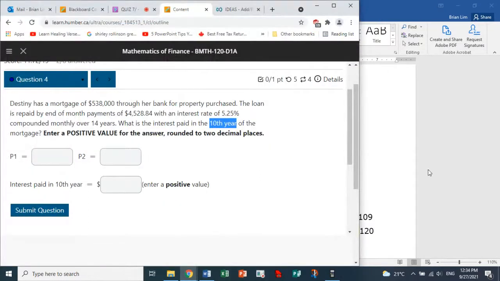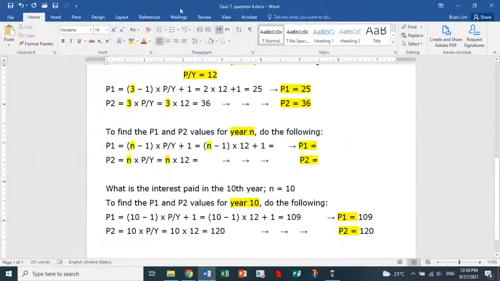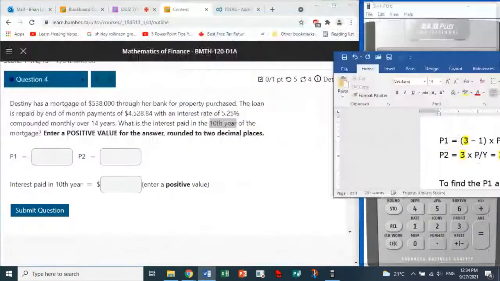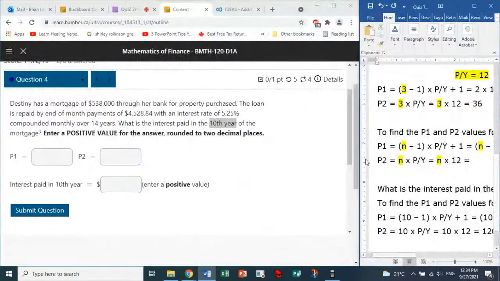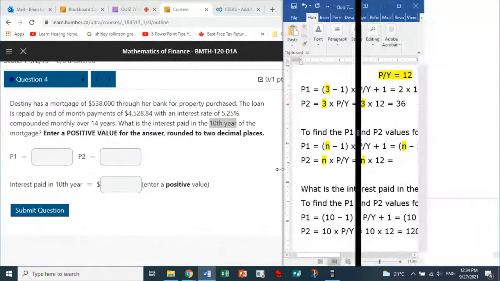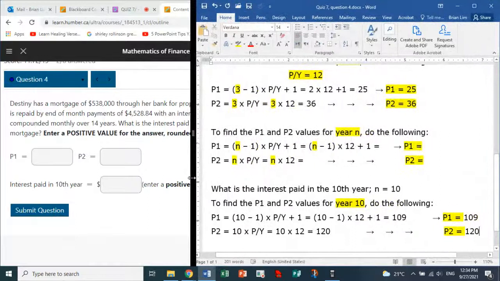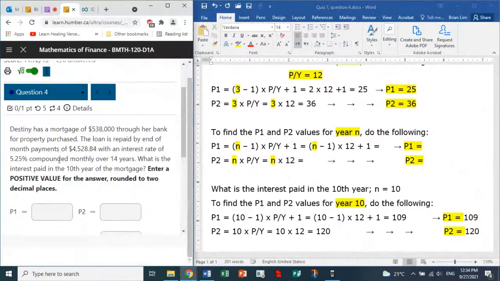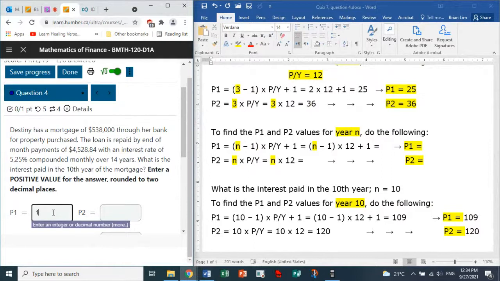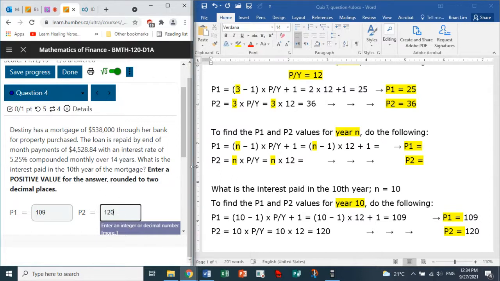P1 is 109. Okay, let's see if we can push this over here. Maybe we can see it a little bit better, and we can pull this over. Okay, there we are. P1 is 109 and P2 is 120. And then we can go and calculate the balance.